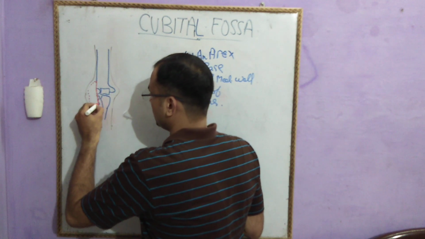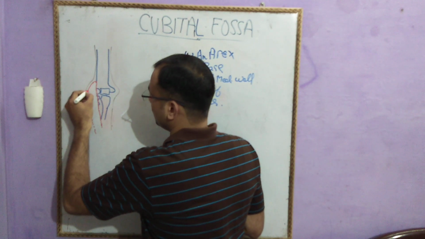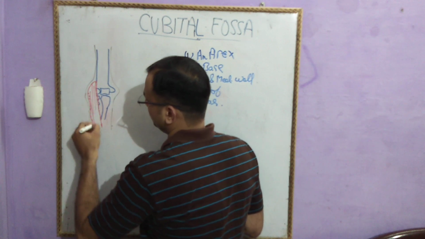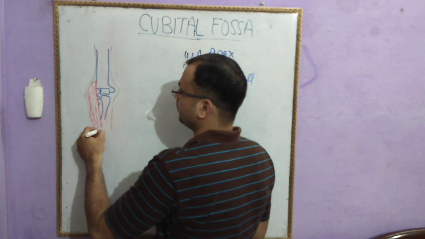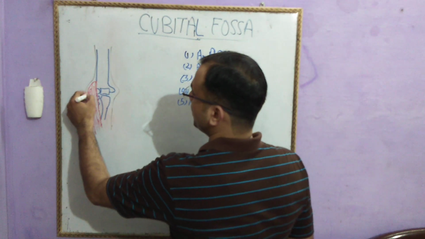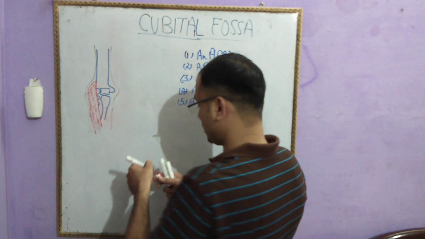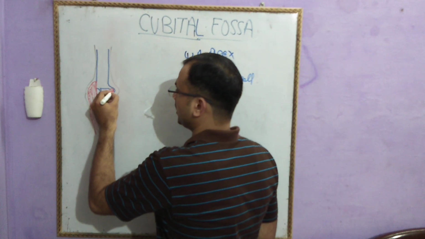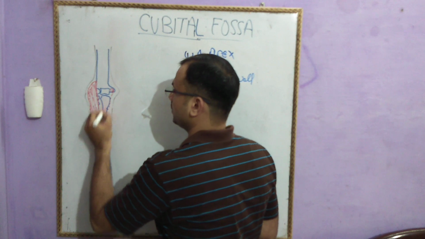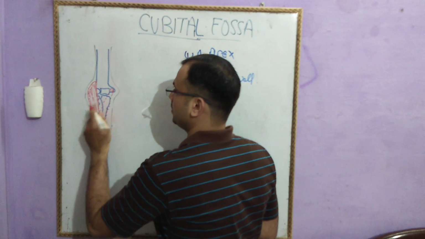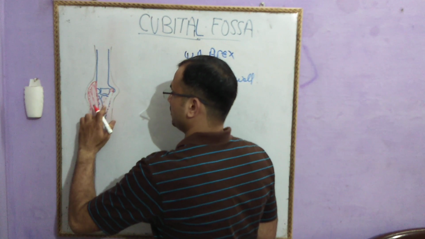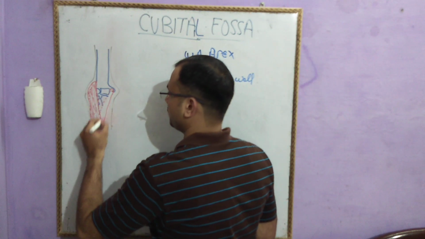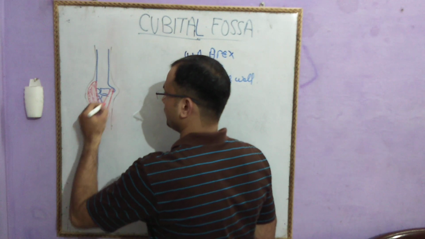This is the brachioradialis muscle. Now, from the medial epicondyle is the origin of the pronator teres muscle. This is the pronator teres muscle.